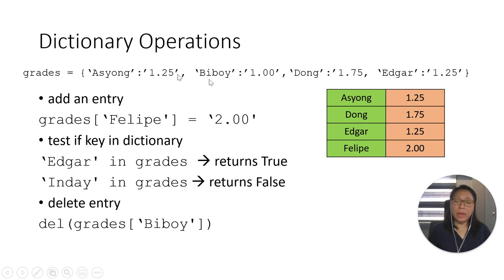So the dictionary grades now looks like this after these lines of code. So we added Felipe and then bboy was removed.